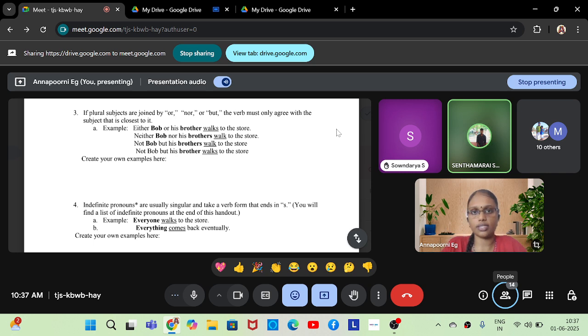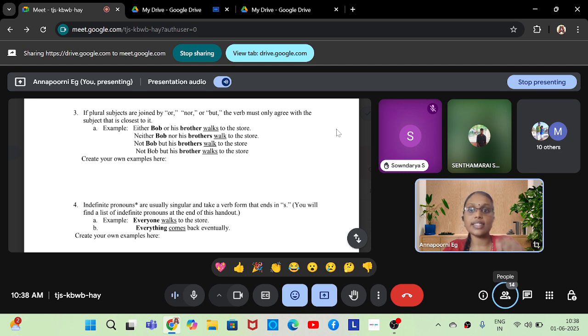Neither of the students means one student, ma'am, but in the second example there is also the brothers. Then how would it be, ma'am? Whenever you are using neither of the, neither of the students means none of the students. So none of the students or neither of the students means you are indicating each student. So each is again singular. So you have to use a singular verb.